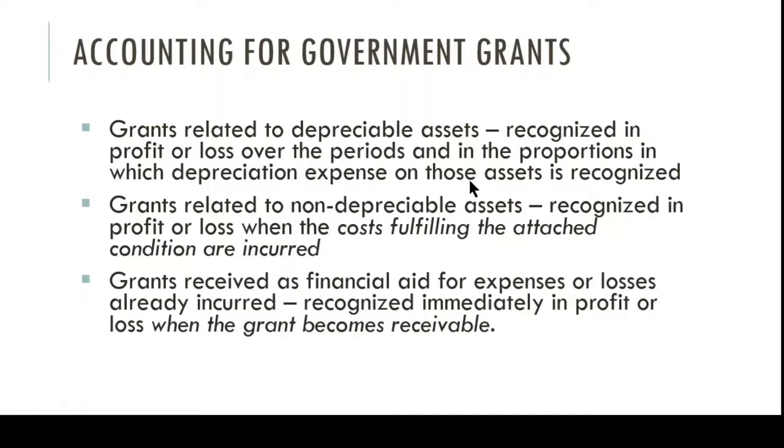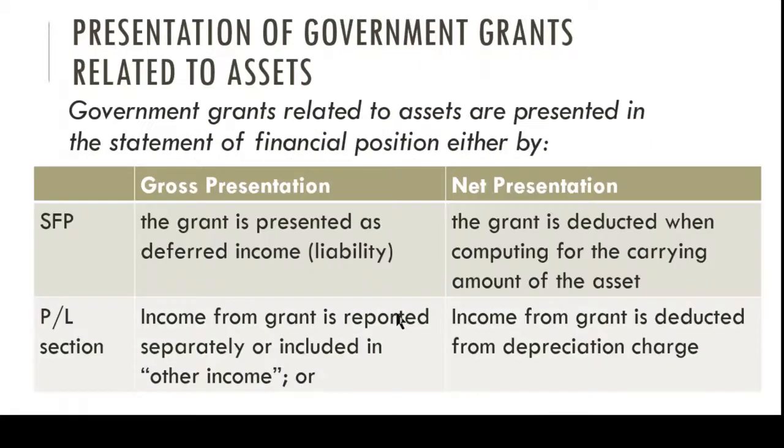If it is a non-depreciable asset, it is recognized in the profit or loss when the costs of fulfilling the attached condition are incurred. And if the expenses are already incurred, then there is no problem, you can recognize the government grant. A receipt basis would only be acceptable if there is no allocation basis other than the one in which the grant was received.